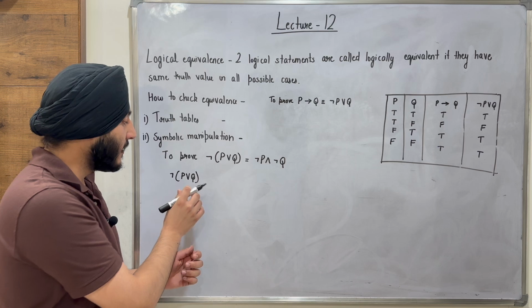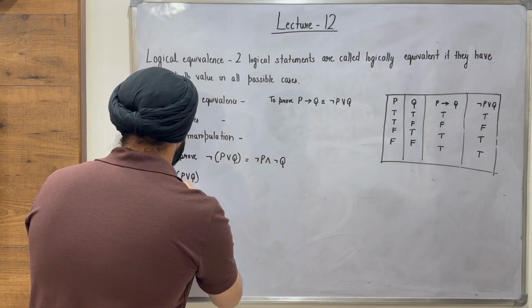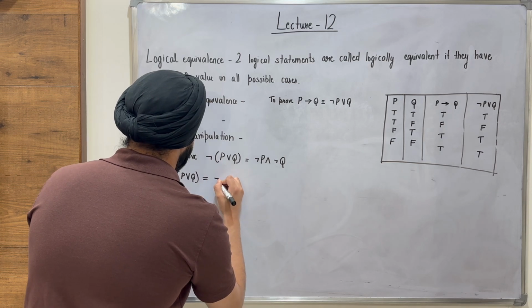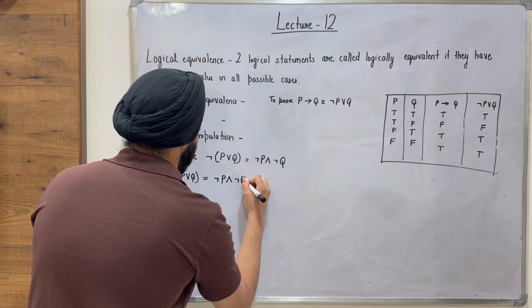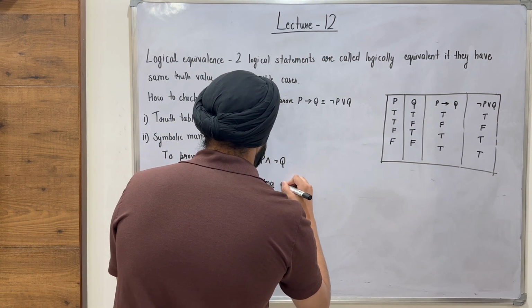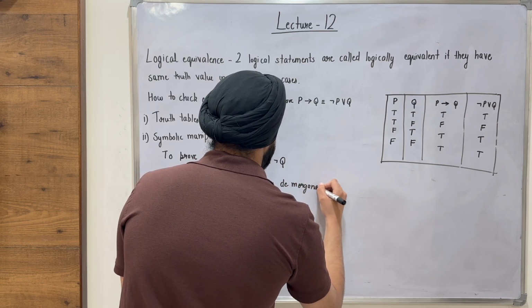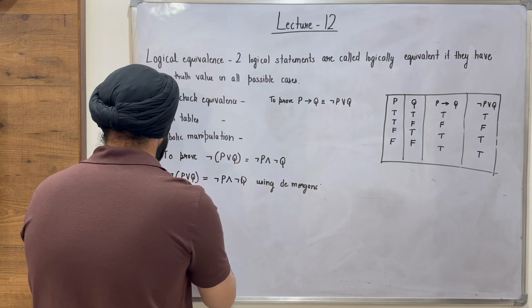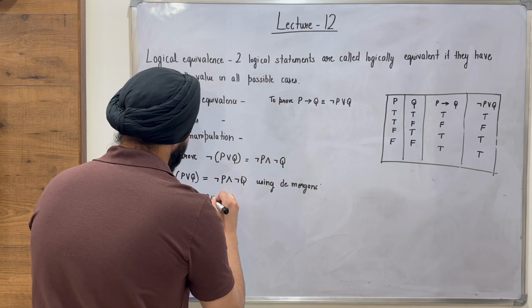So what I can say is, using De Morgan's law, this is equivalent to negation of P and negation of Q. Hence, LHS equals RHS.